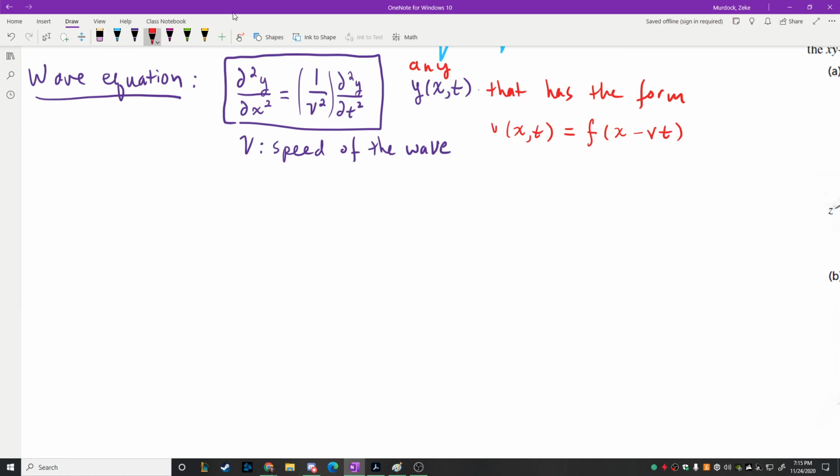So any function y of x and t that has this form, okay, will satisfy that equation. And we're going to look at an example of this so we can understand why this is true, and why such a thing describes a traveling wave. But I'll leave it to you to prove for yourself that any function that has this form will satisfy that equation.